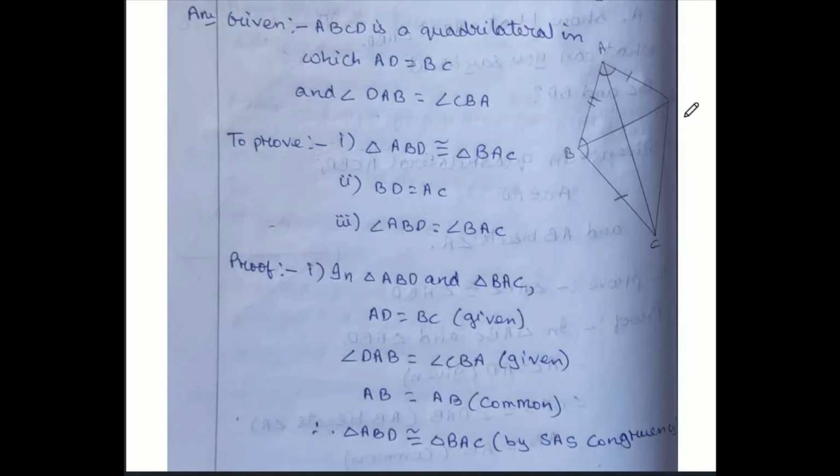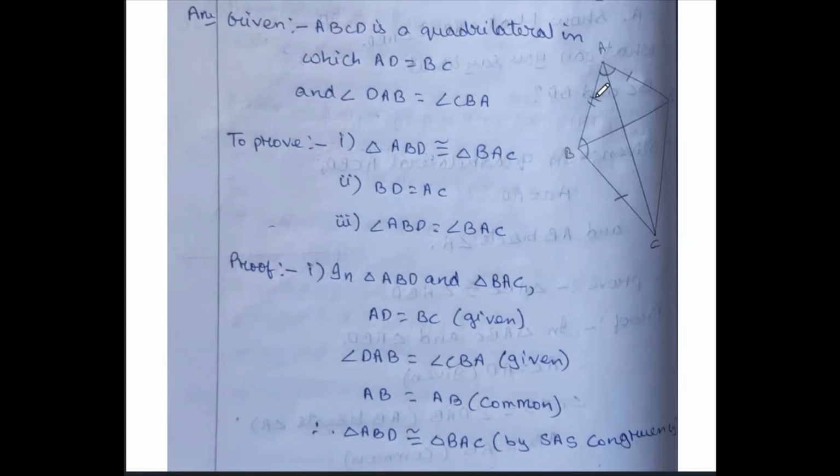In triangle ABD and triangle BAC, look at the first matching part. AD belongs to this triangle, BC belongs to this triangle, both are equal. So take the first part, AD equals BC, given.